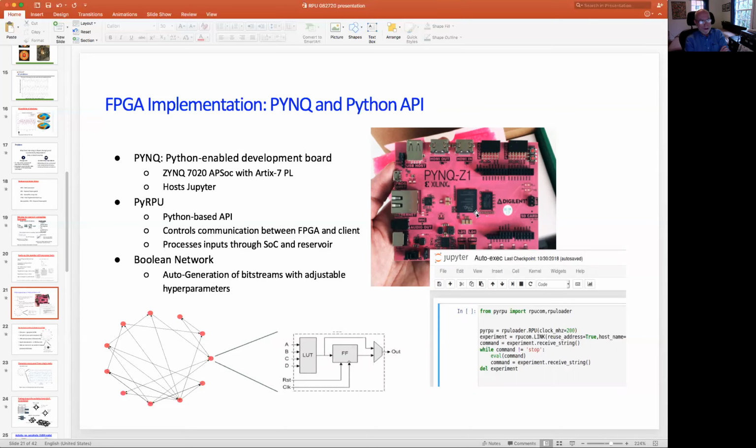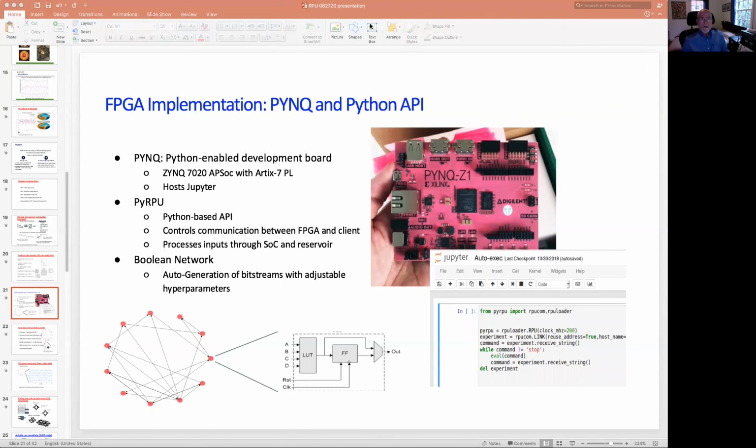We also have a Python handle to allow us to send data into the logic fabric and retrieve the state of the logic fabric back out again. This PyRPU package we developed allows us to communicate with the logic fabric, and overall allows us to generate these RPUs.